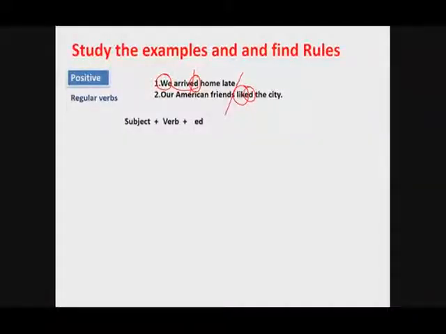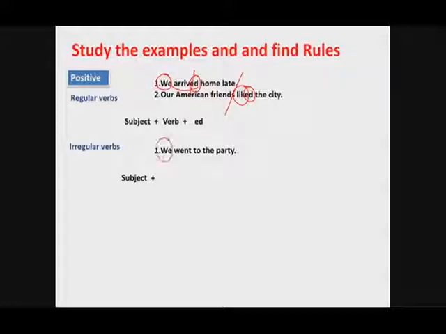Subject, verb plus ed to make the simple past of regular verbs. Let's see another example. We went to the party. Full stop. I have this statement in here. We went to the party. Subject pronoun. Where is the subject pronoun in here?